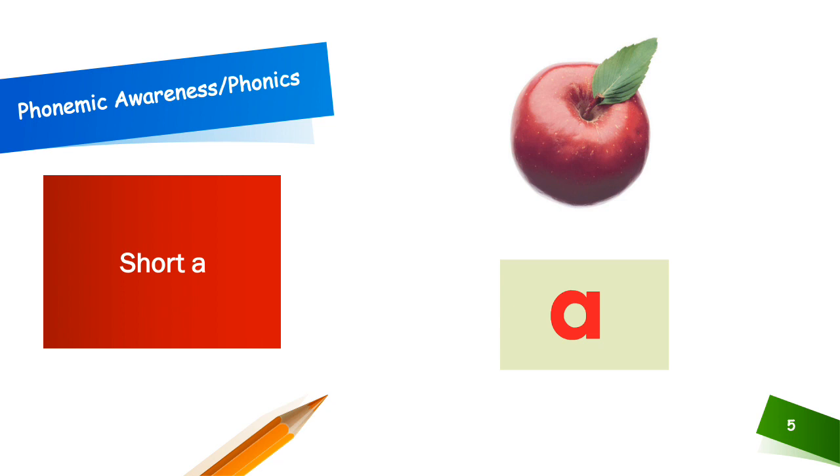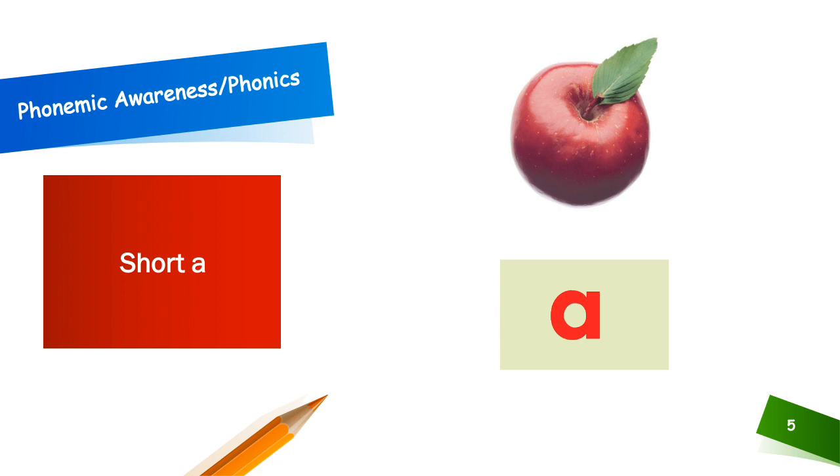Let's work on our letter sounds. Here's a picture of an apple. Apple begins with the sound a. The letter A can stand for the sound a at the beginning or in the middle of a word. Can you say a, apple, a with me? A, apple, a.